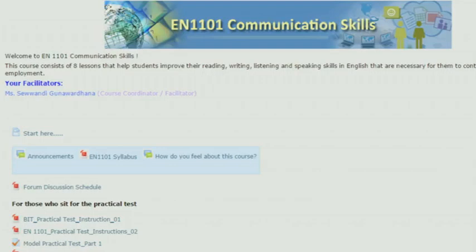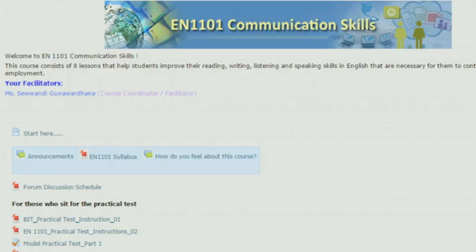So to touch upon the writing component of the EN1101 module, the practical test, I'm here today, and I thought of referring to the model practical test paper that we have on the LMS.